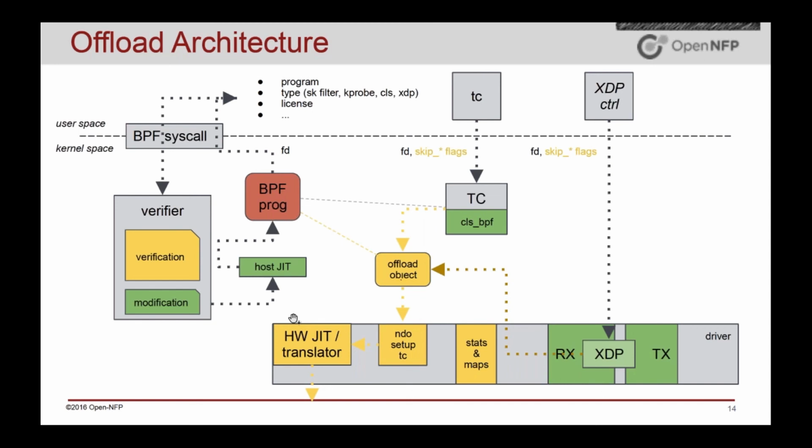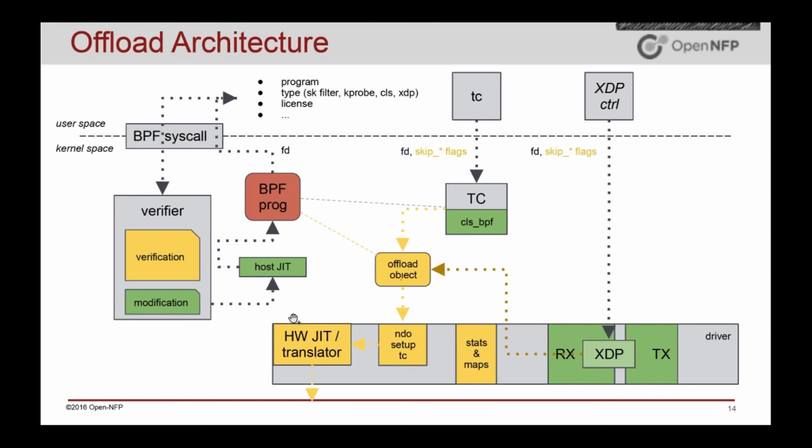The reason the re-verification is important is because there might be certain types of programs accessing certain types of maps which we do not want to offload. There might be many reasons for this. For example, in the future, if XDP redirect becomes a viable way to push packets up into user space, that wouldn't be very useful to offload if you didn't want to push packets directly from your NIC to user space in the first place.